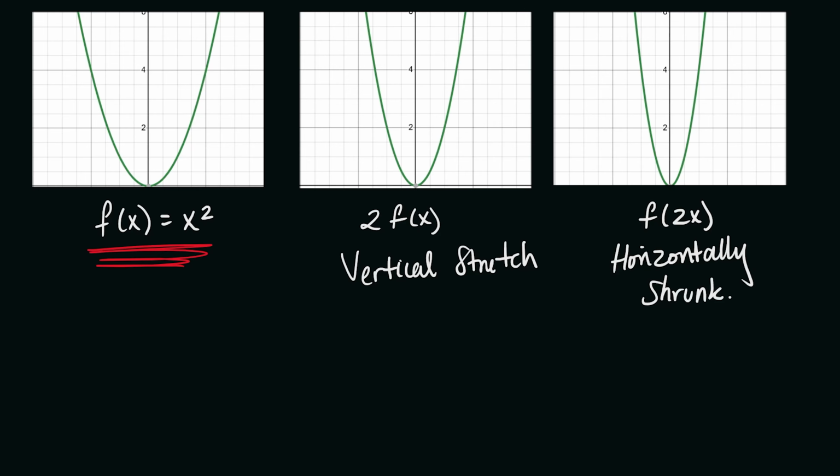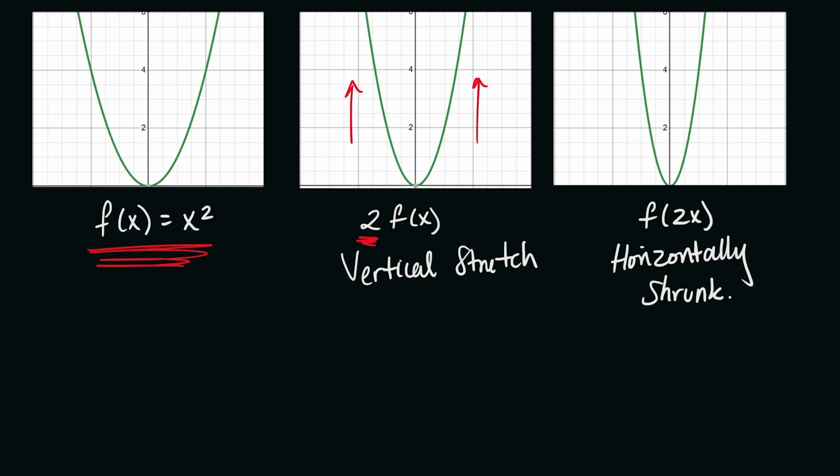Now here's the explanation. Since the 2 is in the front, we know that this is going to be something about the vertical component. And just because it became a lot skinnier right here, that means that everything had to stretch up. So that's how we basically find this out.